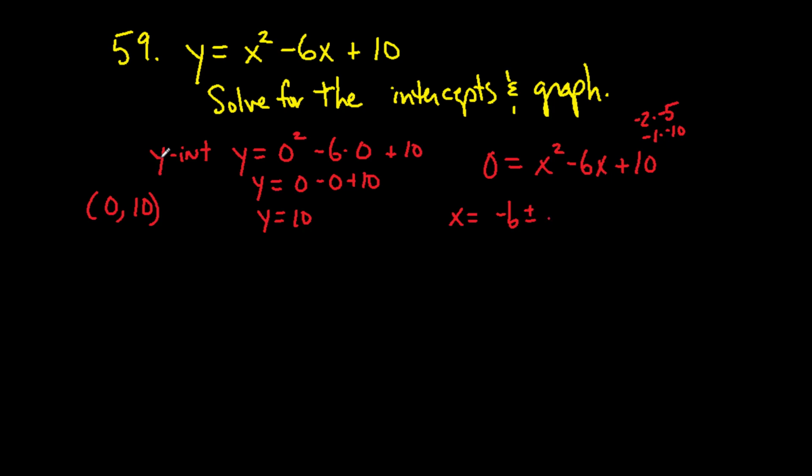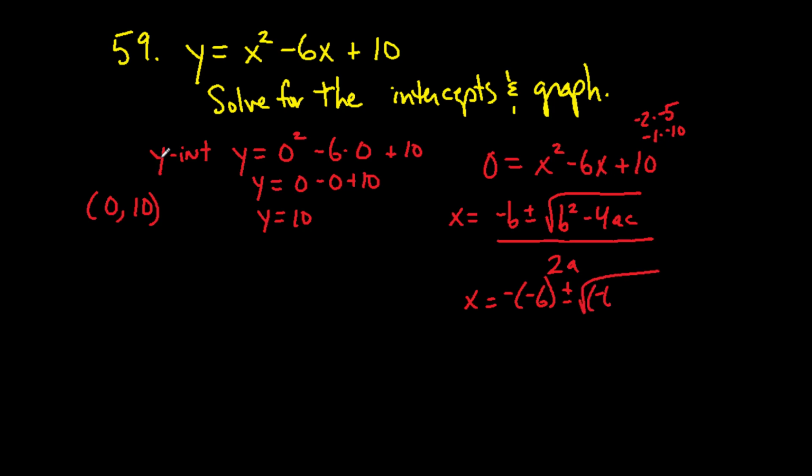So x equals negative b plus or minus square root of b squared minus 4ac all over 2a. The opposite of b is opposite of negative 6 plus or minus negative 6 squared minus 4 times 1 times 10. So you'll have 36 minus 40 under the square root, which will give us imaginary answers. So because these are going to be imaginary, they're not going to help us with our graph.